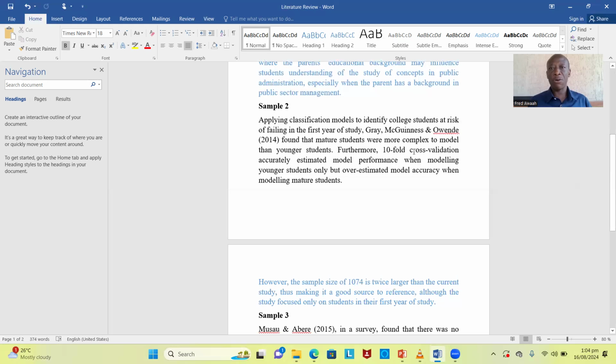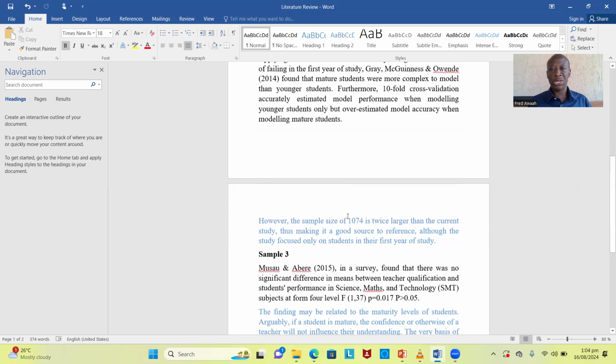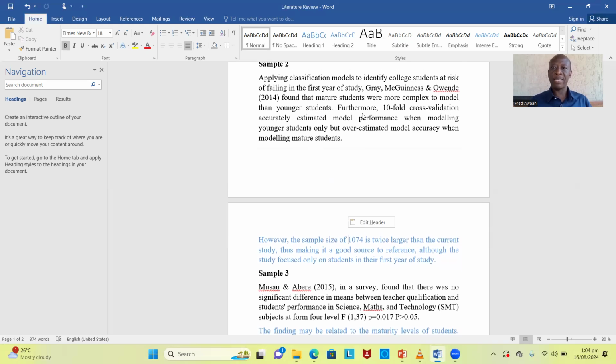Furthermore, tenfold cross-validation accurately estimated model performance when modeling younger students only, but overestimated model accuracy when modeling mature students. So the author has borrowed this from the works of Gray, McGuinness, and Owende 2014. Did the author just leave it there? No. He also tried to comment on it, give it a review.